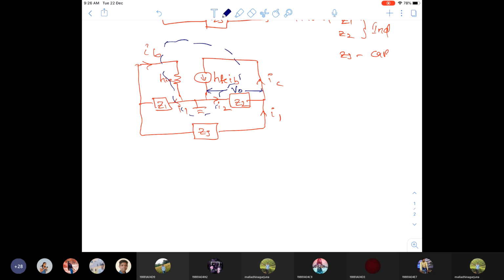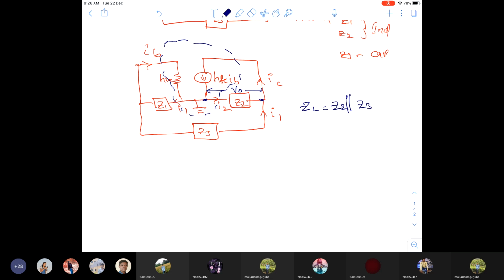Look at this point, from here to here, this is the load. So ZL equals Z2 parallel to Z3.